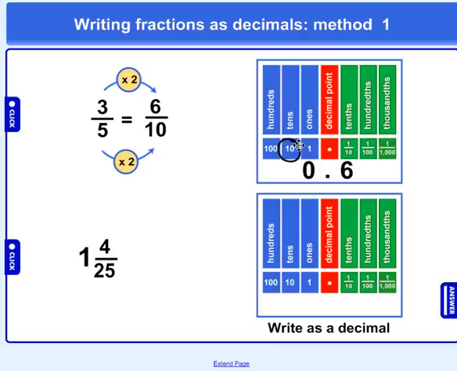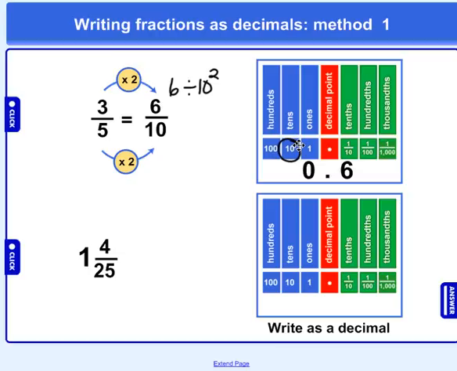Okay? You can also see that what you're doing is using powers of 10, and you're doing 6 divided by 10 to the second power. So you're also converting it by using the powers of 10.